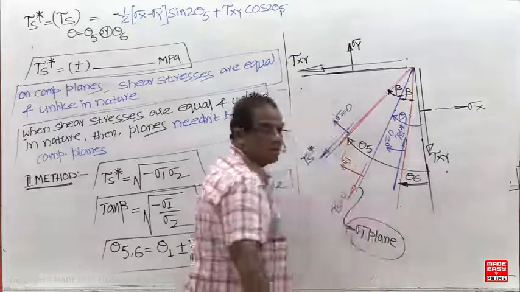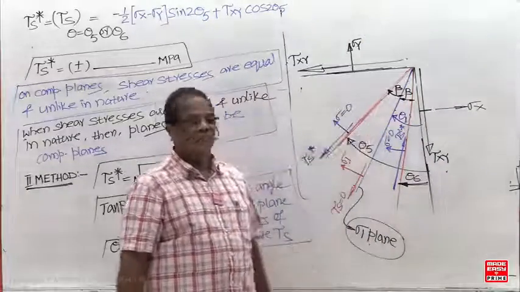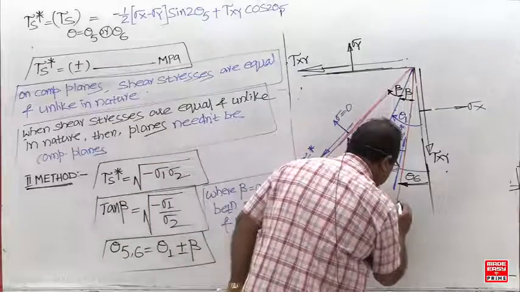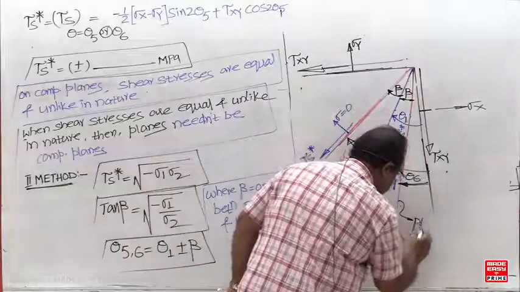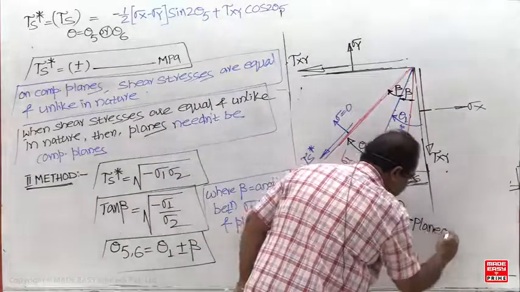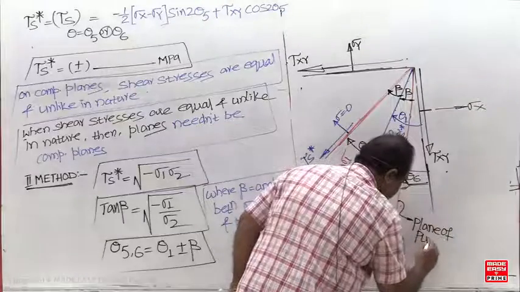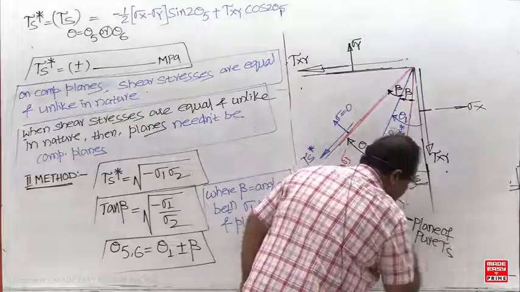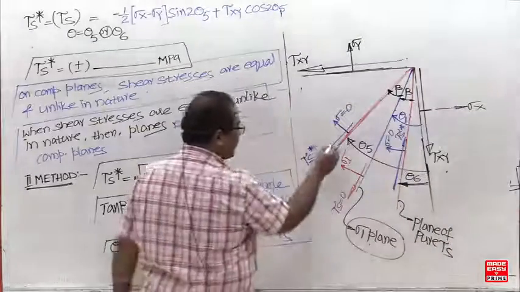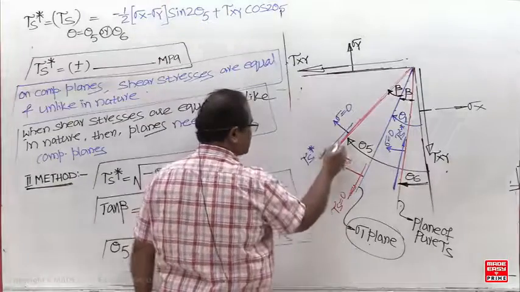Already I studied some questions, you already did it, how to find out this theta 1. And what about this plane now? Plane of pure shear stress. Plane of pure shear stress. And what about this another plane of pure shear stress?